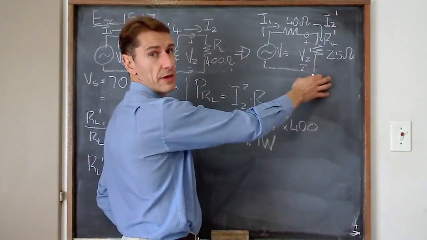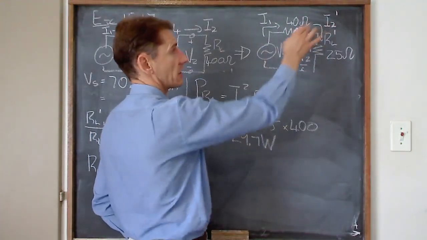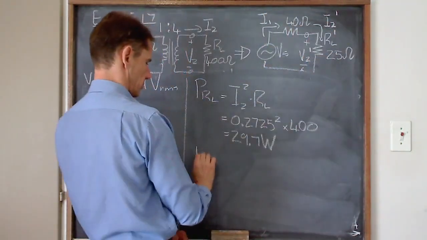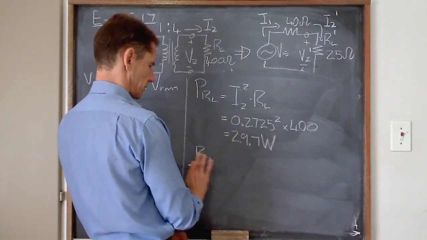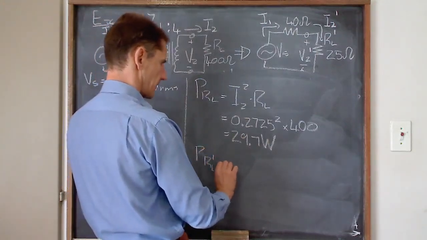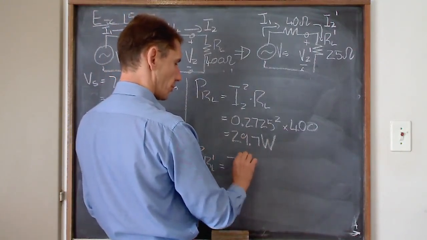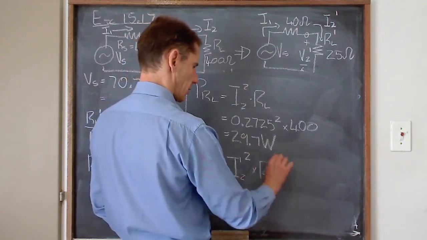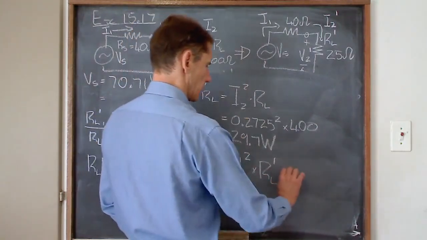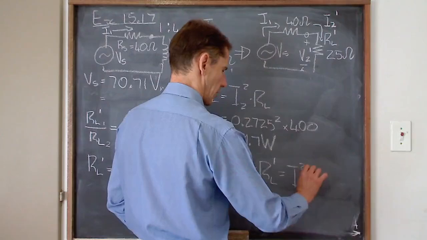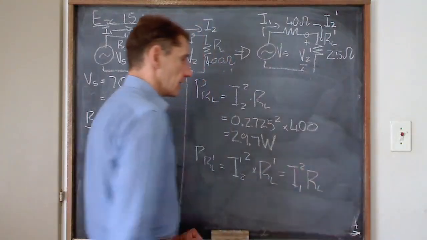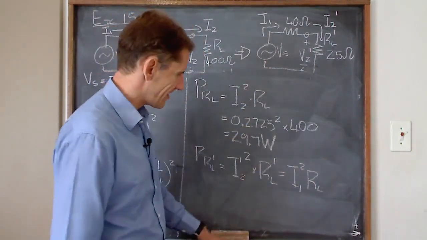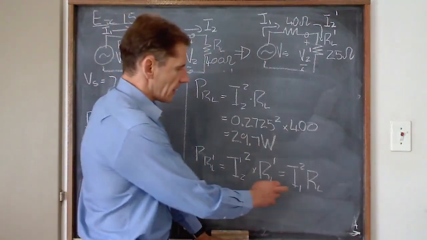Now we want to do it with everything referred over to the primary side. So we need to use I2 prime, or I1, through the 25 ohms. So PRL prime is I2 prime squared multiplied by RL prime, which is just I1 squared times RL prime.